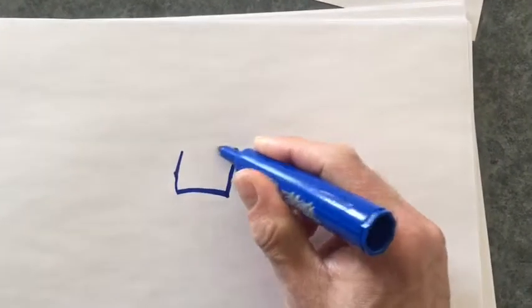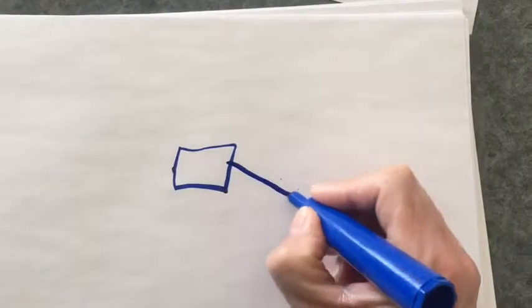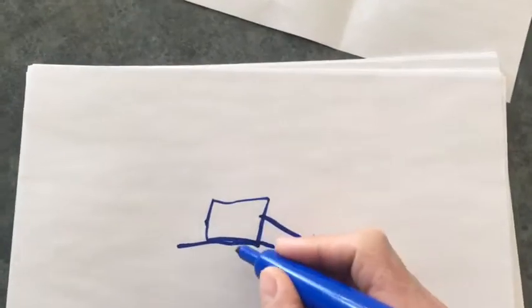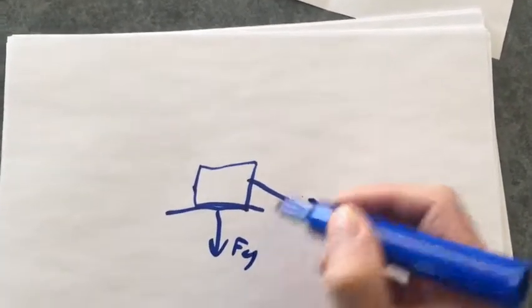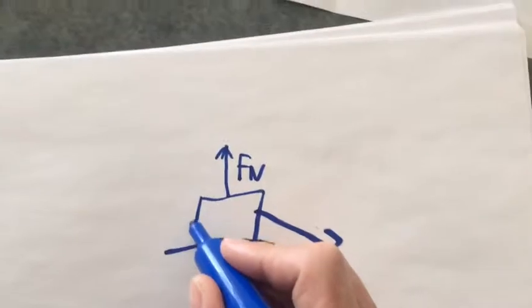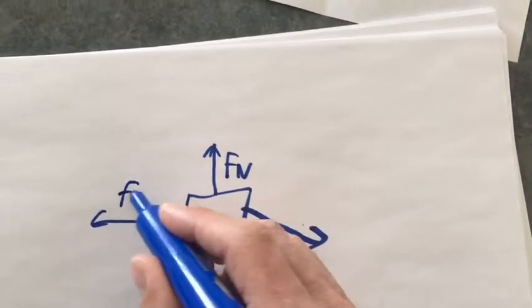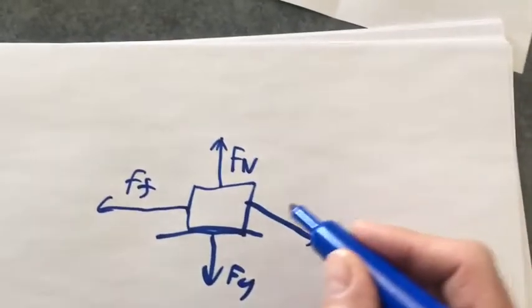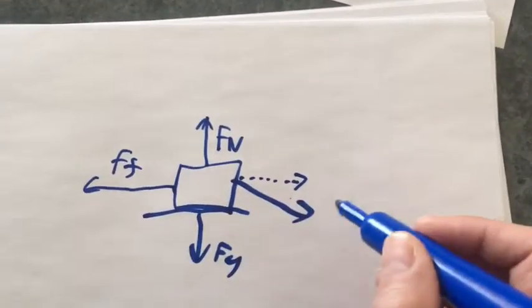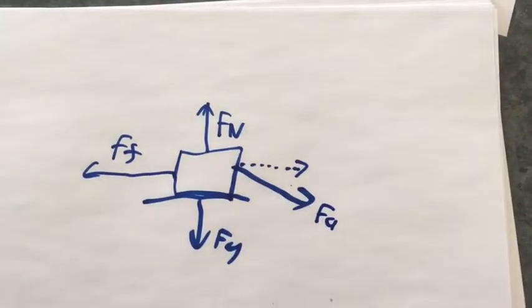So we have a block. We're pulling forward and downward here. It's on a surface. You've got gravity pulling it down. You've got a normal force pushing it up. And from all of our analysis here, we've determined that we have a force of friction, and that force of friction is greater than the forward parallel component of our applied force.